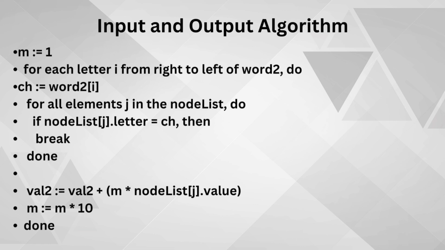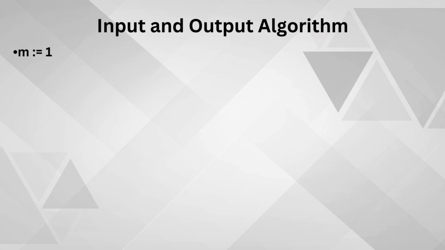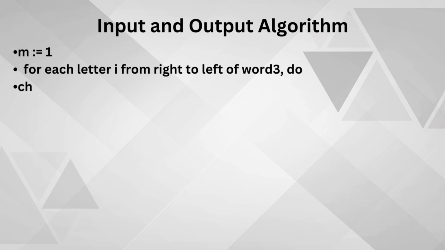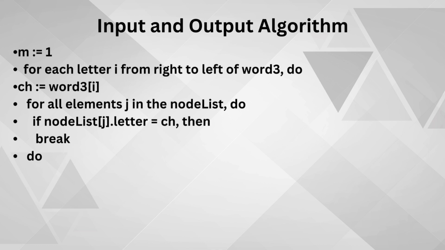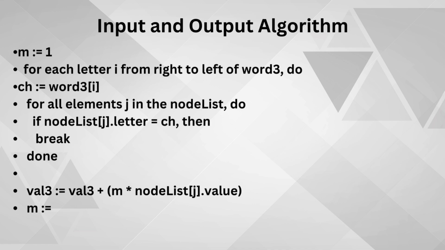Done. m = 1. For each letter i from right to left of word 3, do: character = word 3[i]. For all elements j in the node list, do: if nodelist[j].letter is equal to character, then break.